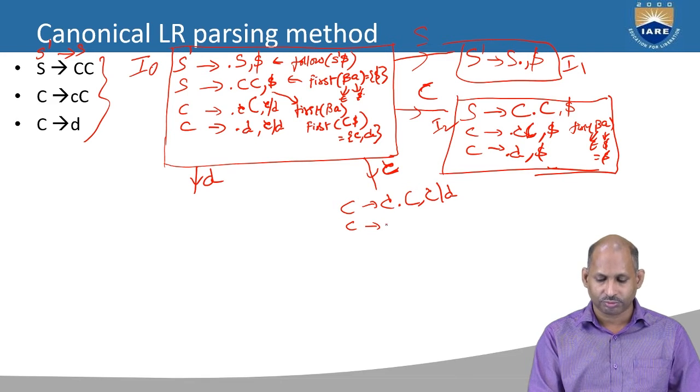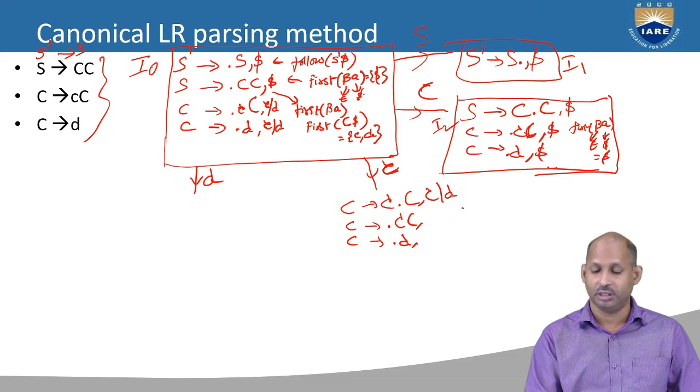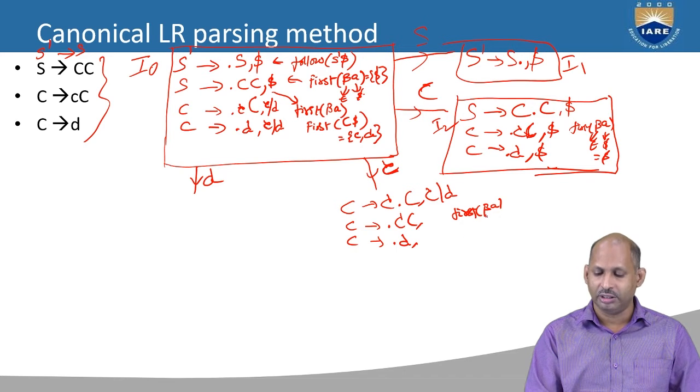So simply dot terminal C capital C, dot D. What will be the lookahead symbols? The lookahead symbols will be the first of beta A, where this beta is epsilon.